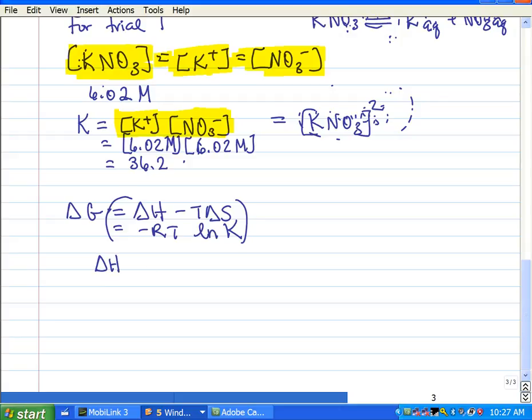So if we want to get natural log of K by itself, we need to divide both sides by negative RT. So when we do that, this is what we end up with.